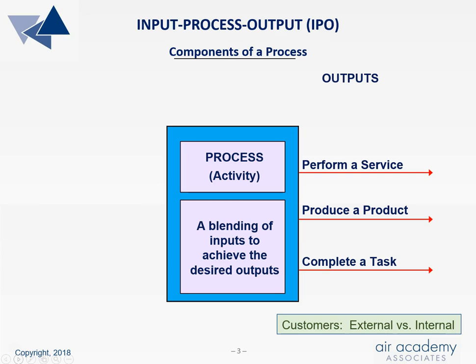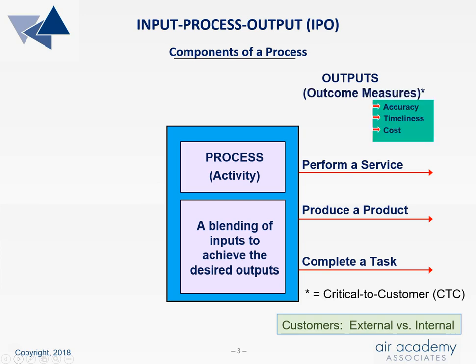What is it that the customer or patient wants? The output should be measurable outcomes from the process that will help us to determine the health of that process. These measures are critical to customer, CTCs, outcomes that are measurable, typically falling into three buckets: accuracy, timeliness, and cost.